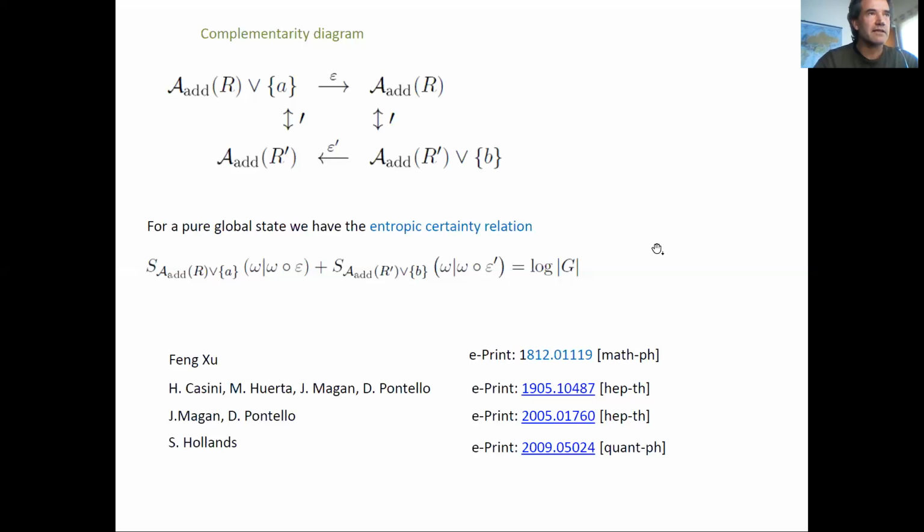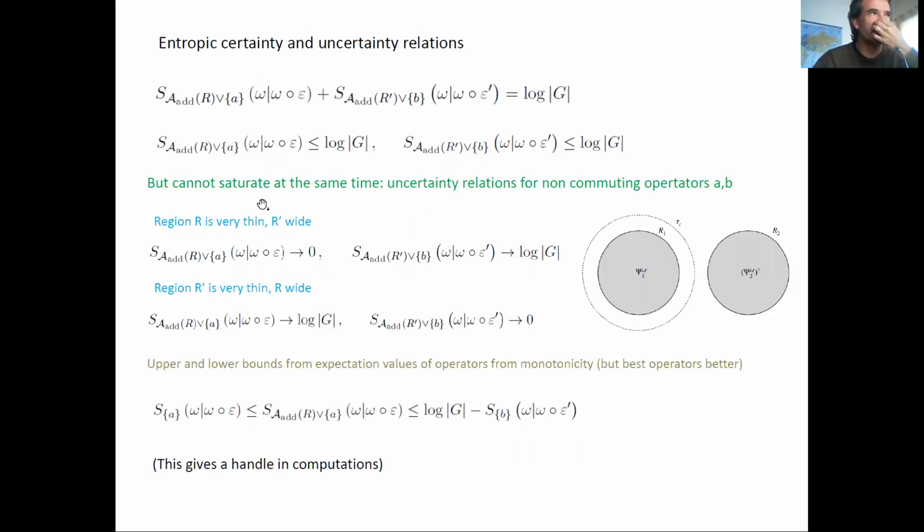So let me say why we call it entropic certainty relation. What does it mean? Well, we call it certainty because it's an equality, but it has a lot of relation with uncertainty relations, normal uncertainty relations in quantum mechanics. One can see the following.